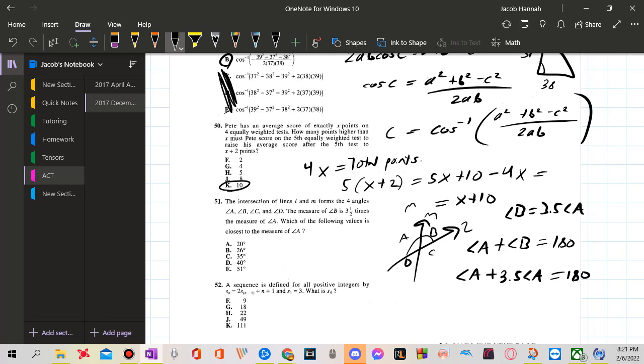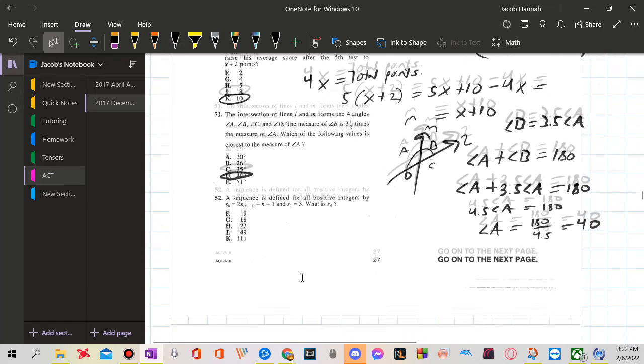So when you add these, this is 4.5 angle A equals 180. Divide through by 4.5, and angle A is equal to 180 divided by 4.5. That's going to be 40. So angle A is 40 degrees. Cool.